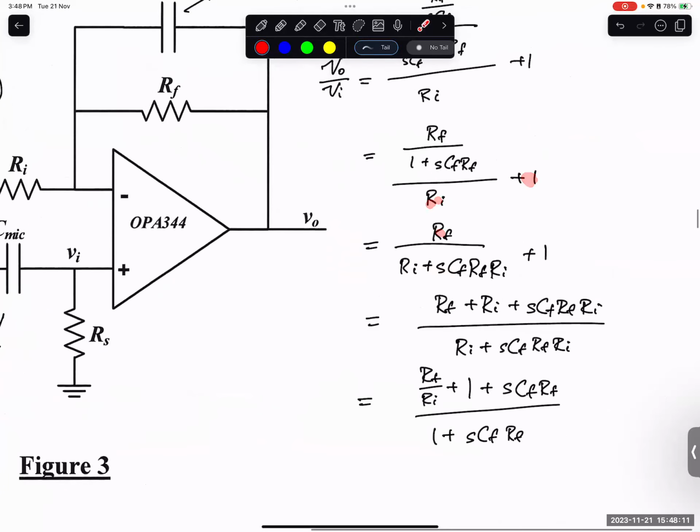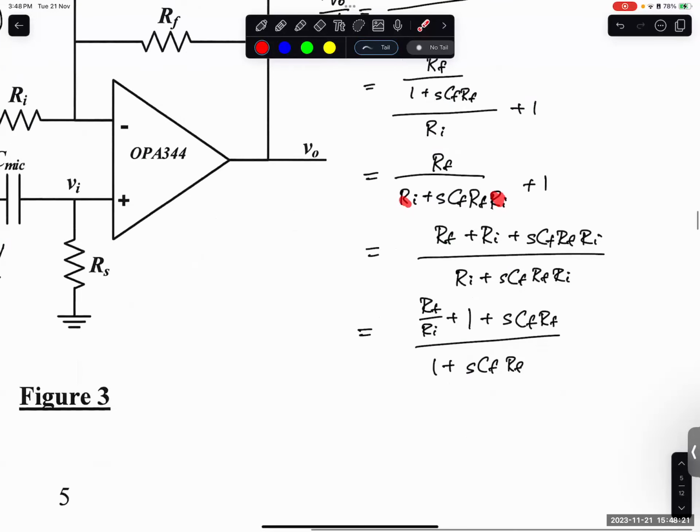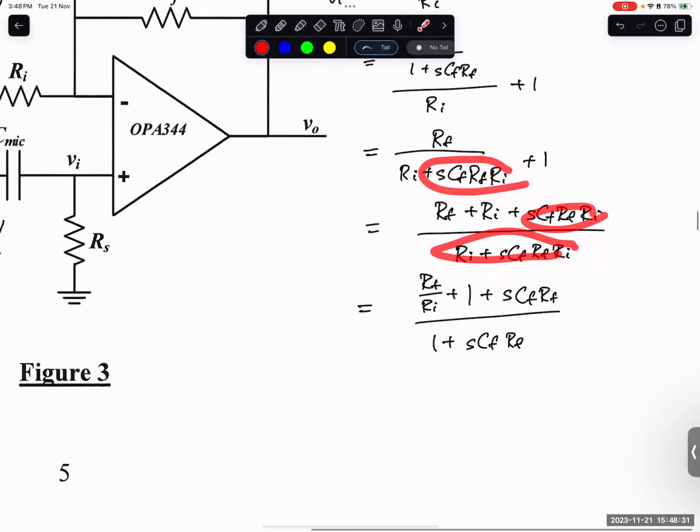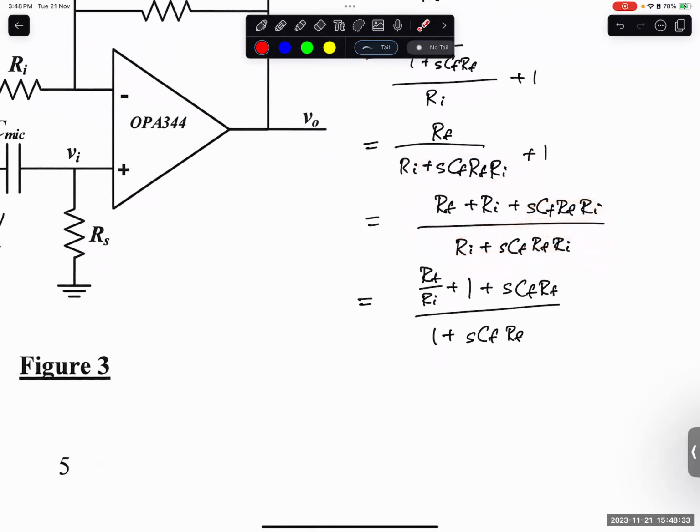So this one divided by RI, right? So RI here, then here RI. Now there's no careless mistake, right? Then plus 1 on the right side. So it's actually here to here, here to here, then divided by the same thing. So we divide everything by RI on top and below.